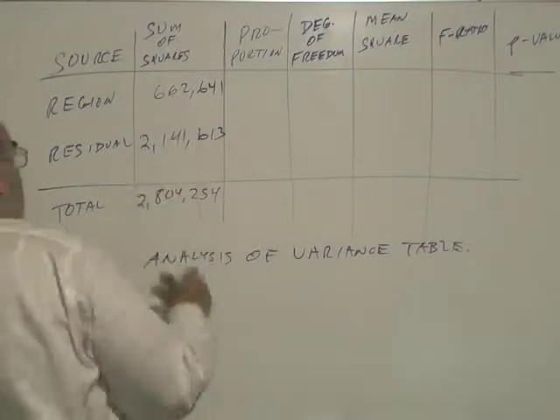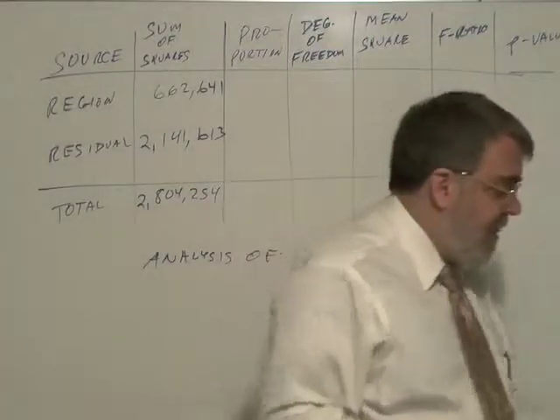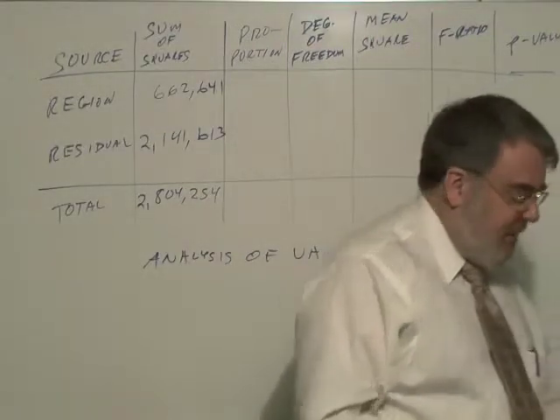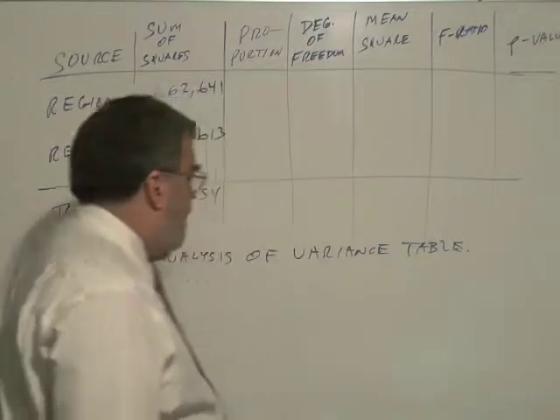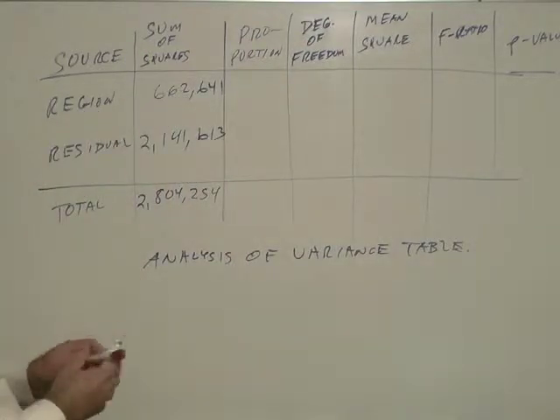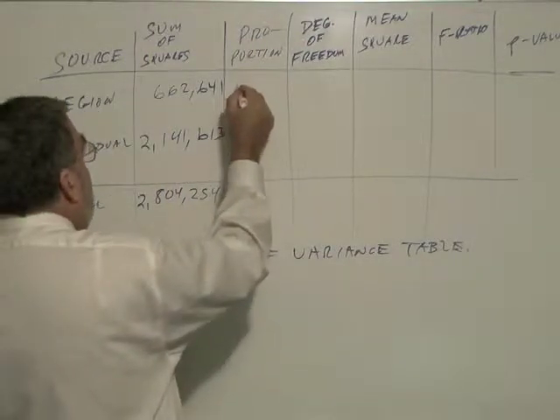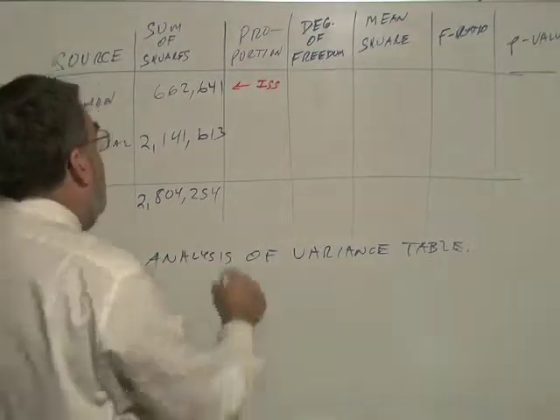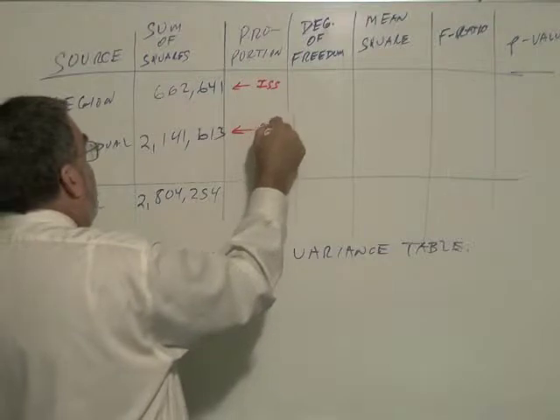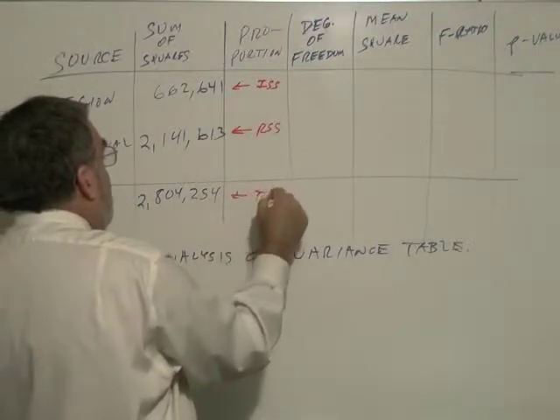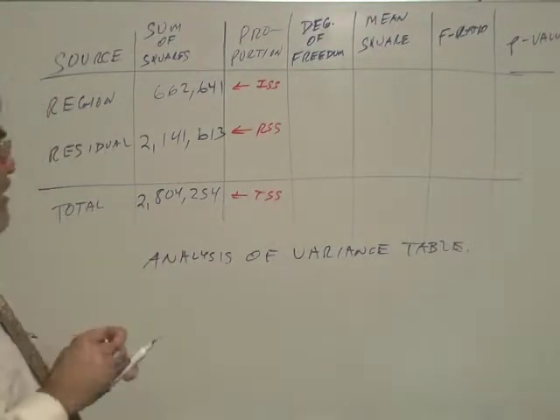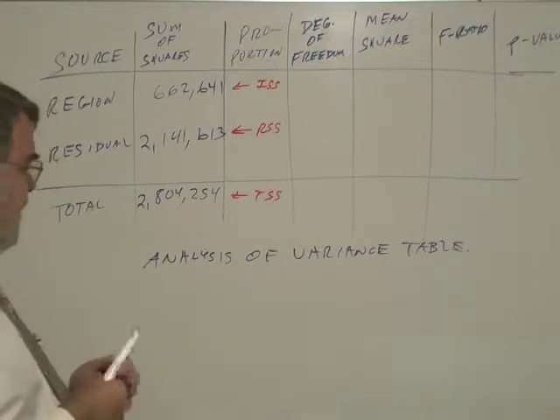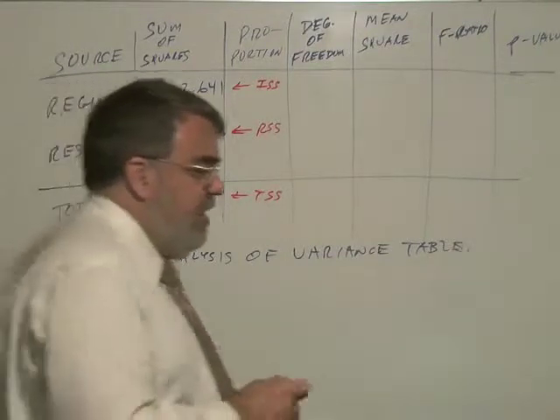So again, if you have just two of those, you can figure out the third one, because the top two add up to the third. So this was the independent sum of squares number. This number is the residual sum of squares number, and here is the total sum of squares number. So that ties it into that terminology.